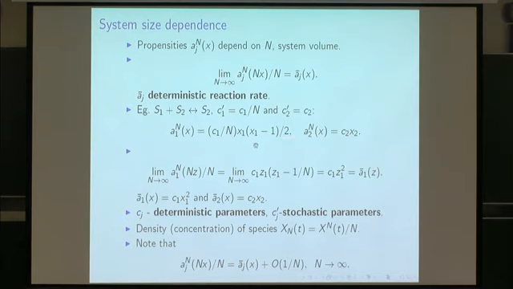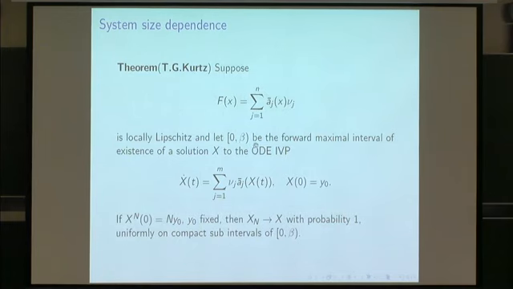So then you have two parameters, the so-called deterministic parameters, which don't depend on n, and the stochastic parameters that depend on n. Now, if you scale the species this way, then Tom's result that he mentioned yesterday is that as n goes to infinity, the rescaled process converges uniformly on compact intervals of time to the solution of this ODE.